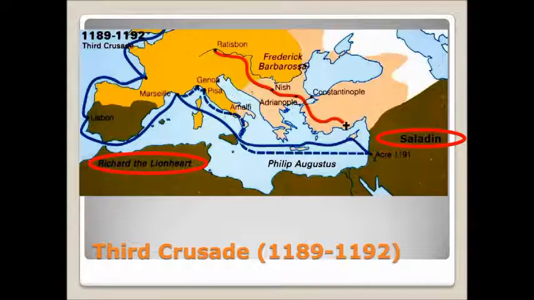Both these guys are well respected by their troops. Both of them are tremendous leaders. The problem with the Third Crusade is really nothing's accomplished on either side. In the end, they come to what I would call a truce. Saladin says, okay, we're going to control the Holy Land, we're going to control Jerusalem, but we're going to allow safe passage for Christian pilgrims. So that's how the Third Crusade ends.